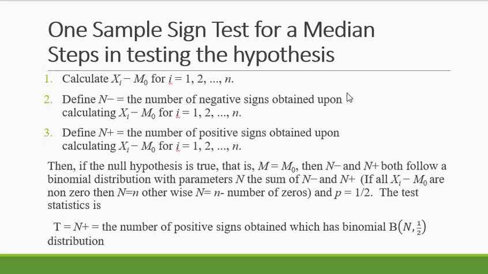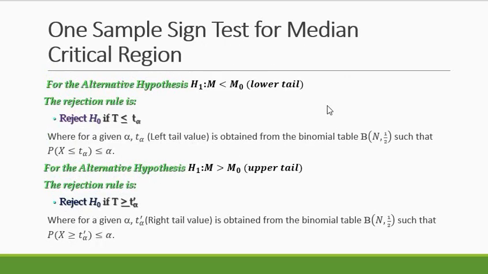The test statistic is taken as N plus, the number of positive signs, and this has a binomial distribution. For the critical region or rejection region, the decision should be taken in such a way that if the alternative hypothesis is H1: m less than m0, that is the lower tail hypothesis, we reject H0 if the calculated T is less than or equal to T alpha.